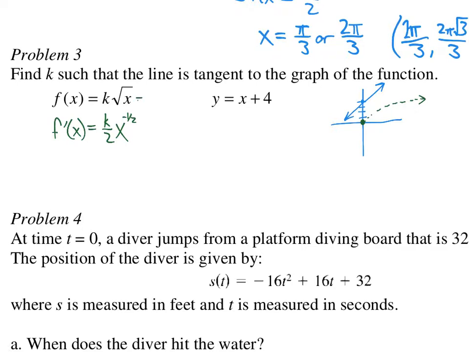Great, good job. We rewrote this as k x to the 1/2, and then we can use our power rule. So 1/2 k x to the negative 1/2. So Angel, you were saying to do this: k over 2 x to the negative 1/2 equals x plus 4.